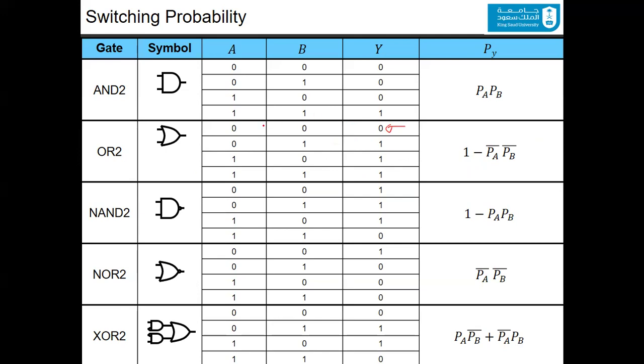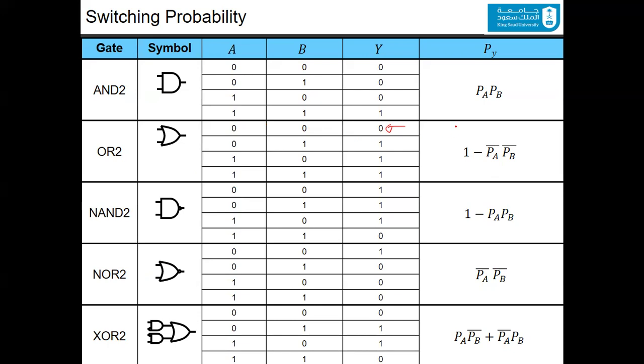So the 0 happens when you have the probability of A being 0, meaning that PA bar times PB bar. This will give us the probability of PY bar.